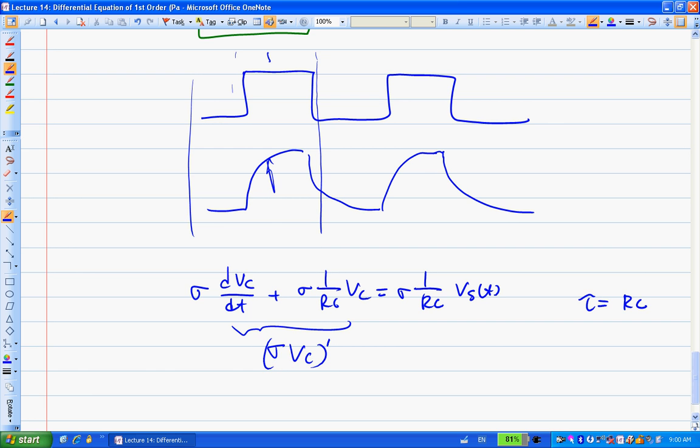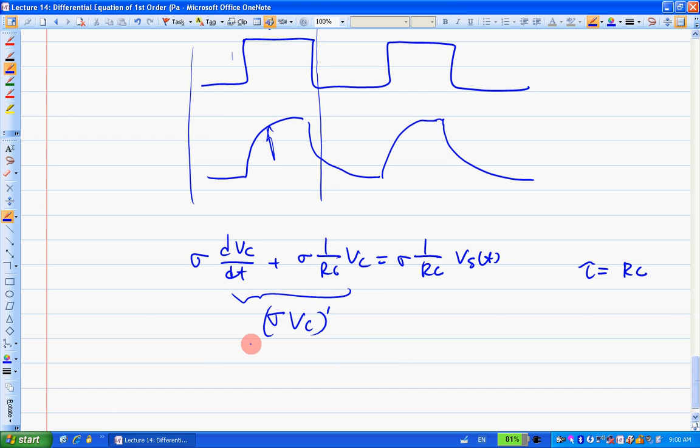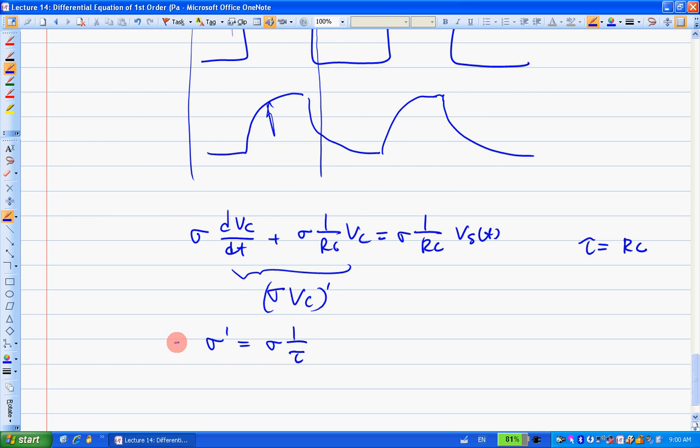In order to do that, we have to let sigma prime equal sigma multiplied by 1 over tau. You solve this differential equation by separating variables, and sigma can be solved, which equals e to the power of t over tau. I'm skipping one step here, but you just separate the variables and you'll be fine.